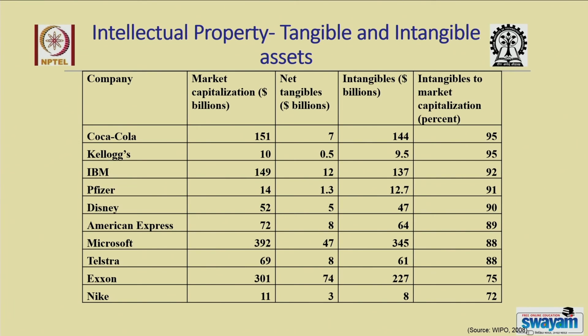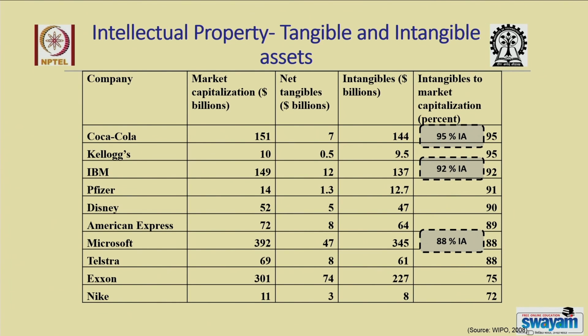Now it is reversed, 80% or more are intangible assets and only 20% are tangible assets. Coca-Cola and Kellogg's have 95% intangible assets. IBM has 92%. Microsoft has 88% intangible assets. You can appreciate the shift and importance of IP.